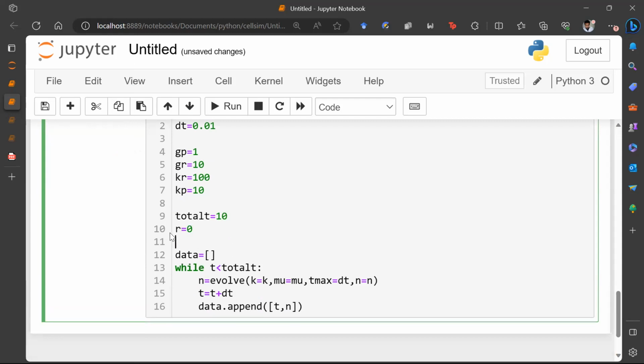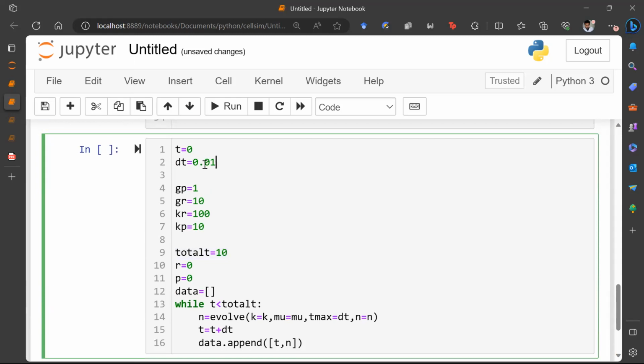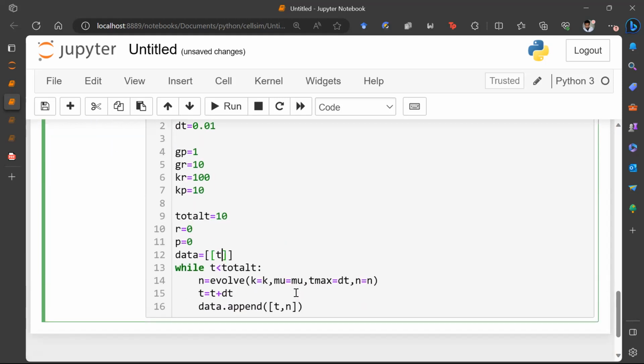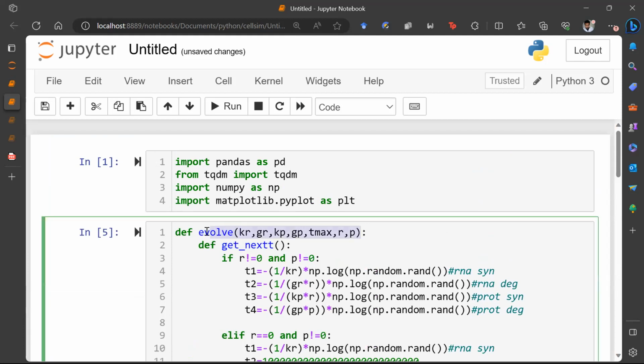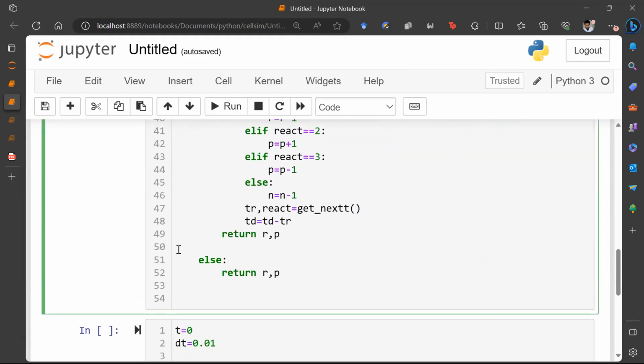We start from R equal to 0 and P equal to 0. And the total time for simulation is, let's say, 10. I'm going to get data every 0.01 units of time, starting from t equals 0. So I'm going to save the data in an array that is going to have the time, the number of RNAs, and the number of proteins. And the RNA and proteins I'm going to get by evolving the system using the script.